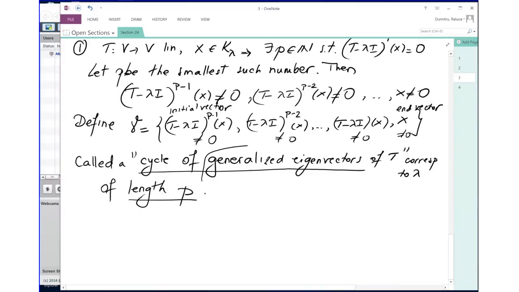Now, this is called the cycle of generalized eigenvectors, because all those elements are generalized eigenvectors. Why are they all generalized eigenvectors?